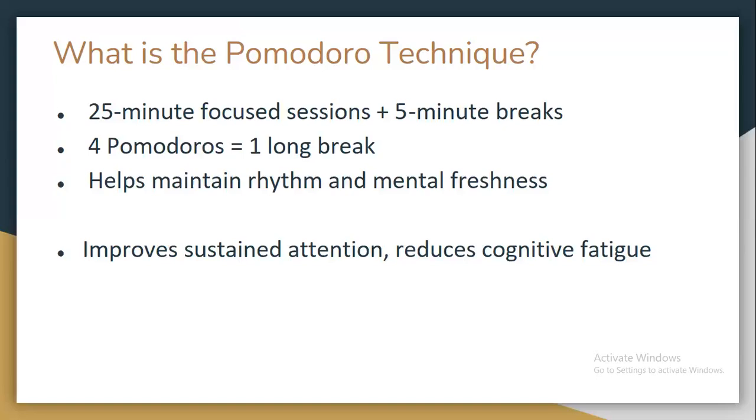That will mean putting 4 Pomodoros together and then taking one break: 1 hour, 40 minutes of focused work and then 20 minutes of long break to relax. This helps to maintain rhythm and mental freshness.